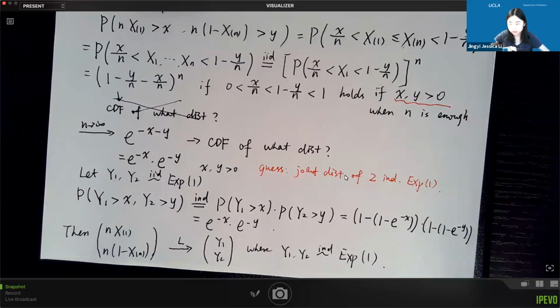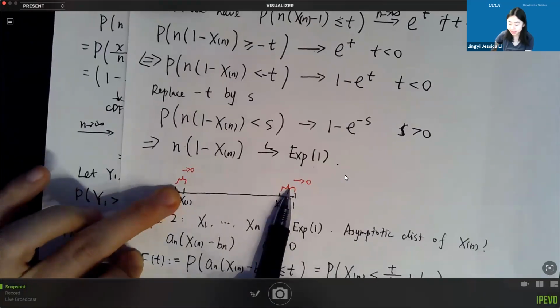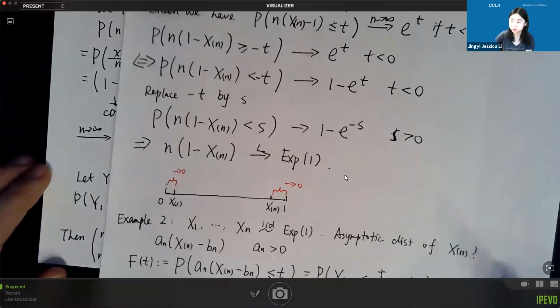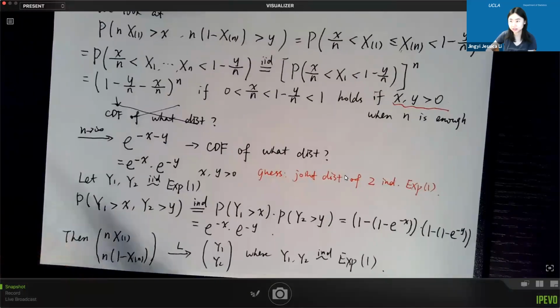They are not independent for sure, but asymptotically, if we look at these two margins, between the minimum and 0, between the maximum and 1, these two margins behave like two independent exponential one random variables. If you scale them both by n, that's actually very interesting. But this is the result we actually derive from the CDF.